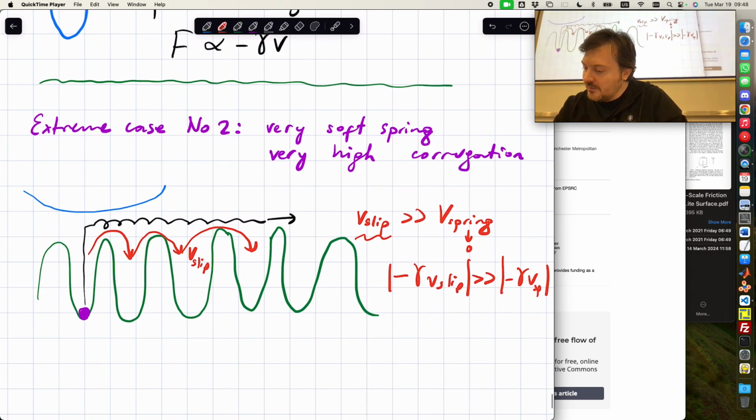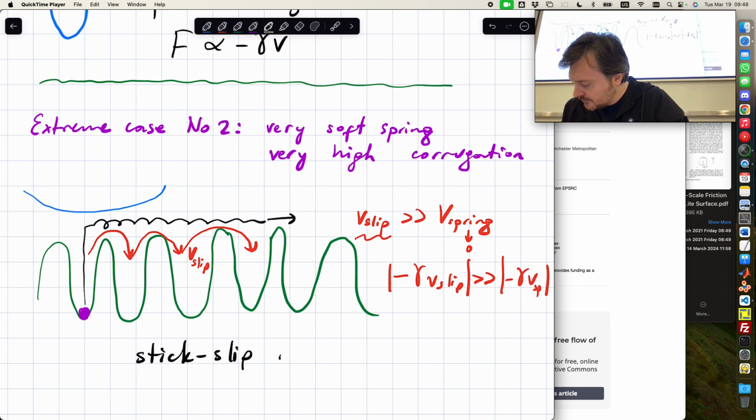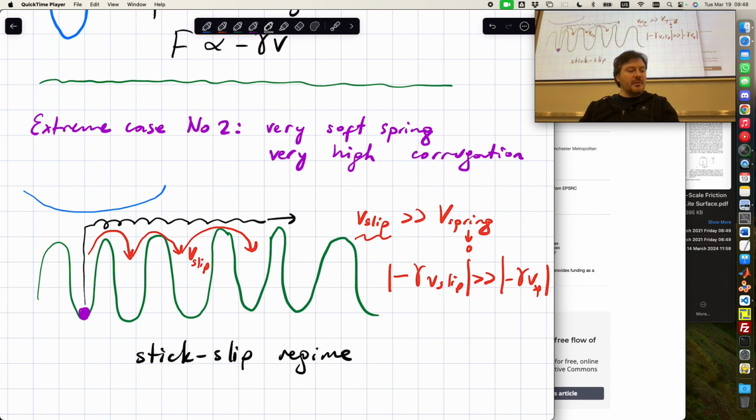What do we call this regime? We call this regime stick-slip regime. Okay? And most of the sliding friction systems are in this regime because being in superlubric regime requires having very, very smooth surfaces. And you usually don't have that.